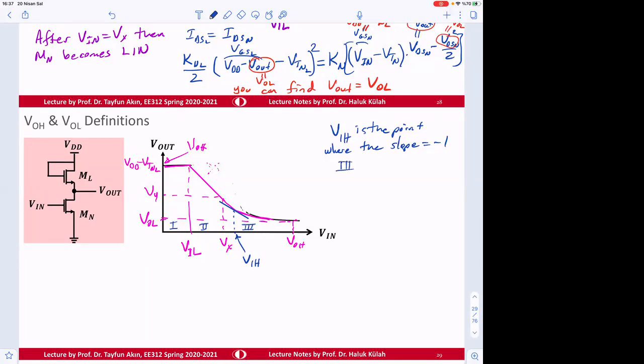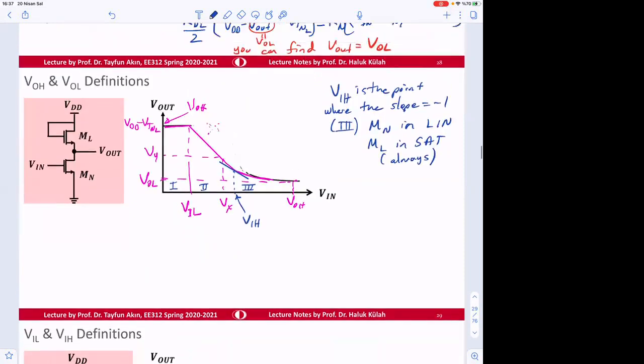So for case 3, Mn in linear mode, Ml, of course, in SAT. This is always. Okay.